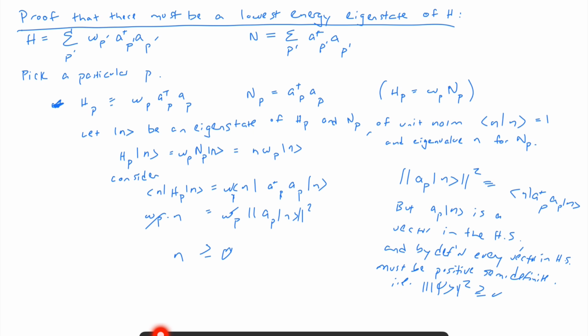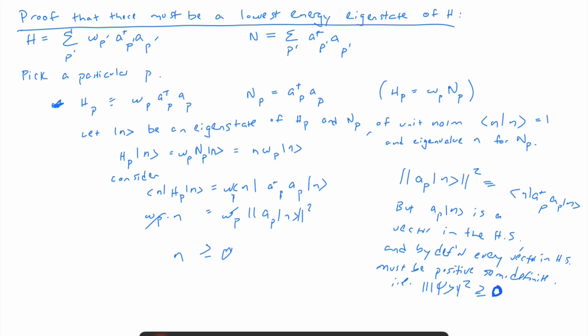According to the rules of our Hilbert space, and quantum mechanics says everything is a Hilbert space, we didn't really get into this in the quantum mechanics lecture, but this is more detail. Mathematicians define the Hilbert space as always having, in addition to other conditions, that the norm of any vector, which is this definition here, has to be positive semi-definite, meaning that it's greater than or equal to 0 for any vector.